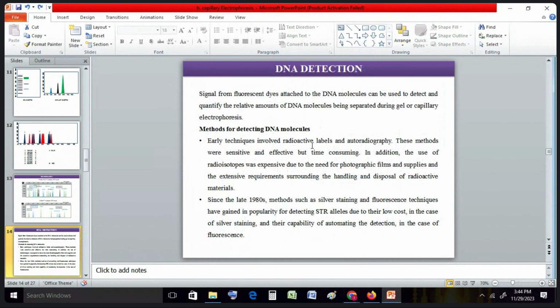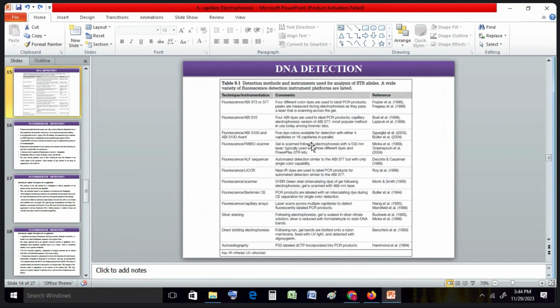And as you see, the normal DNA, the DNA that we are handling, is not useful. Normal DNA means all the DNA which is not labeled by the fluorescent dye, which is not useful in case of capillary electrophoresis.